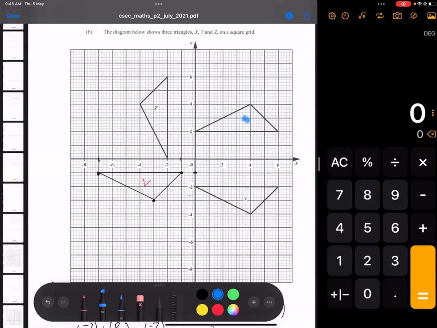What you need to remember is that once they give you the center to be the origin, it's very simple to find where we're going to enlarge to. All you have to do is multiply each of the x and y coordinates by half, and then we'll find our new coordinates.